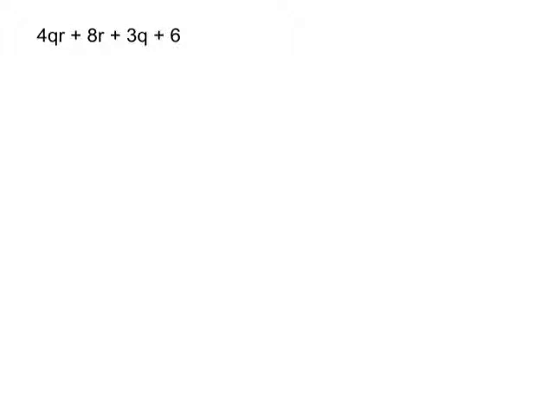There is a method to help us factor polynomials, and that's called our grouping method. And the grouping method just allows me to group my original polynomial into terms that have common factors.